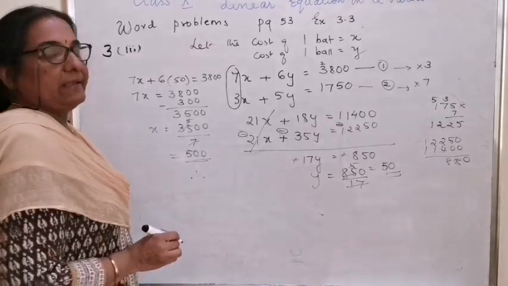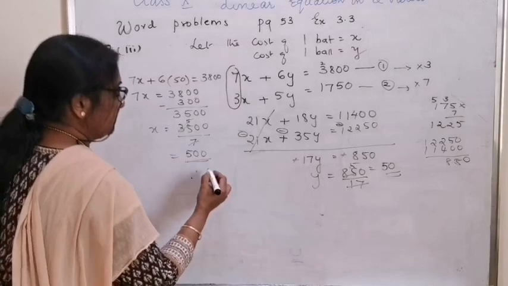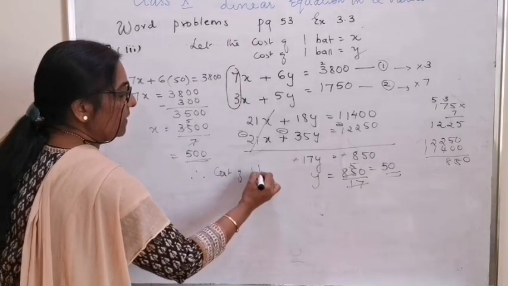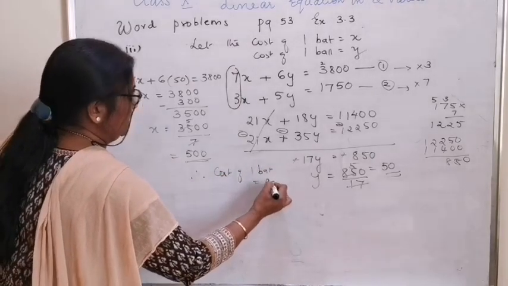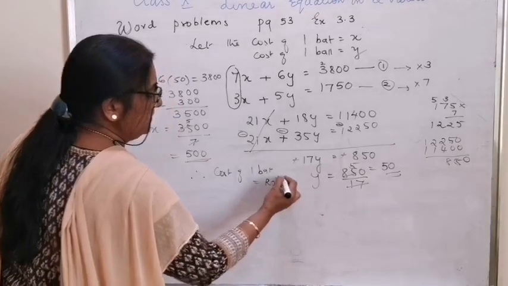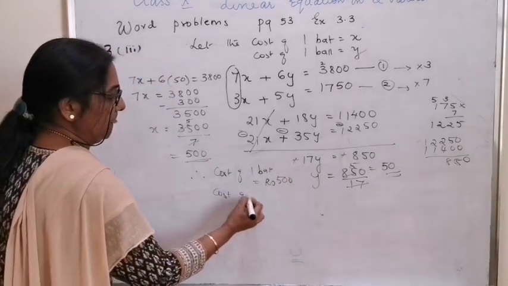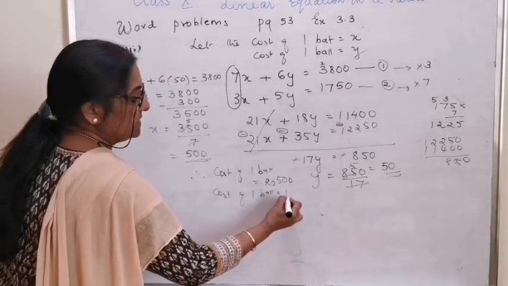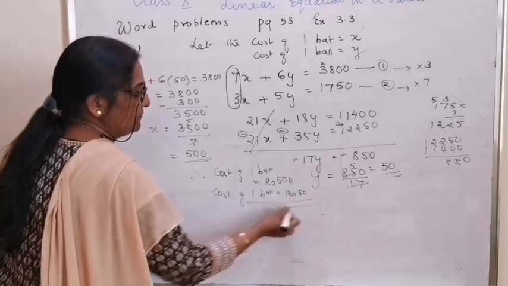Therefore, rewrite the answer with the units. Cost of 1 bat is equal to rupees 500 and cost of 1 ball is equal to rupees 50.